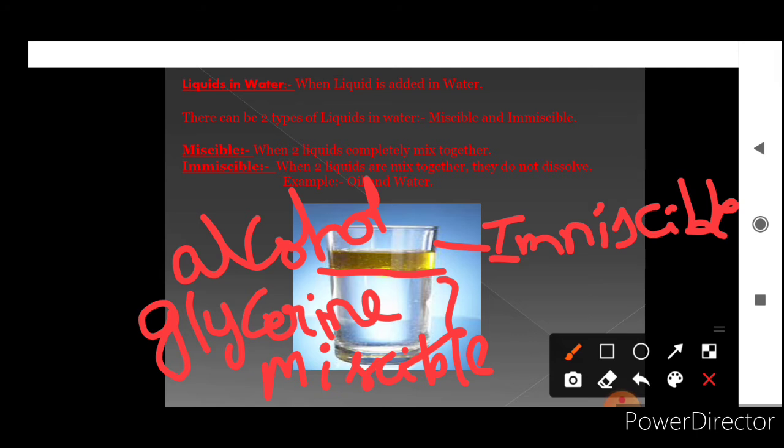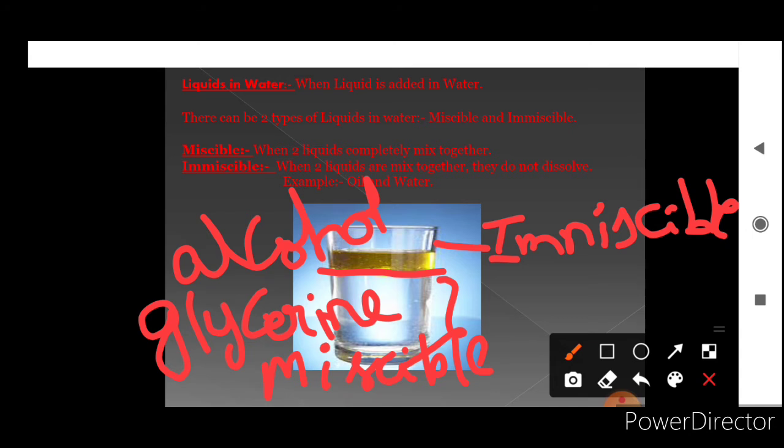To understand and remember forever, prepare one immiscible solution and one miscible solution and try to identify the difference between them. Why are they not mixing with each other? Why are some liquids immiscible and some miscible?